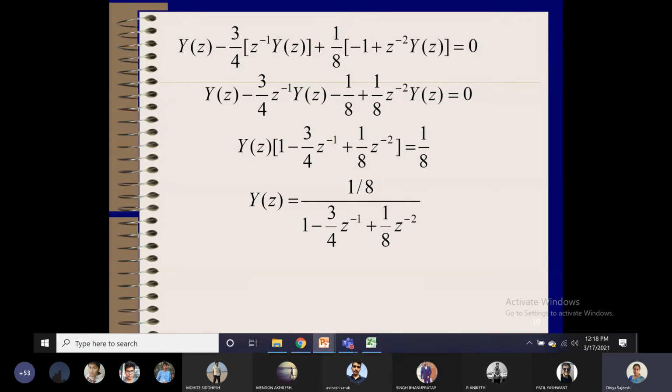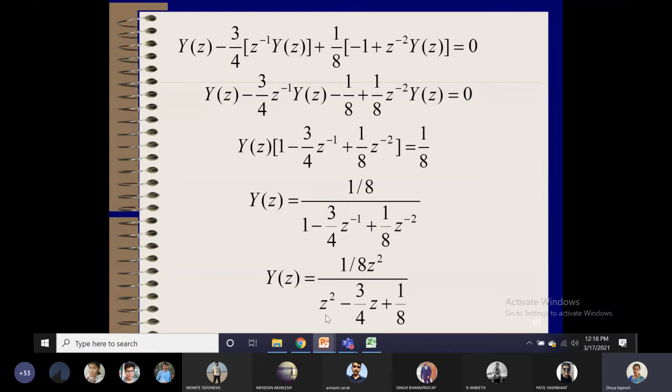Now for this you need to rearrange again, because you have to factorize and obtain the partial fraction, then you can apply the inverse Z transform. So the denominator z raised to minus 2, you can take it out, so that it will go to the numerator as z square.